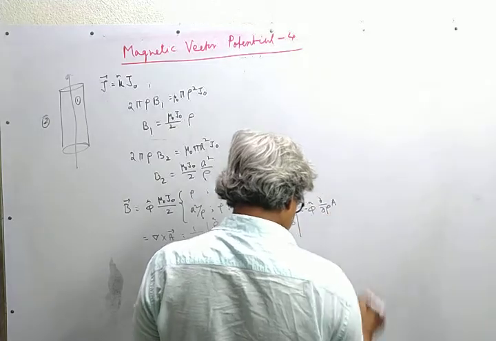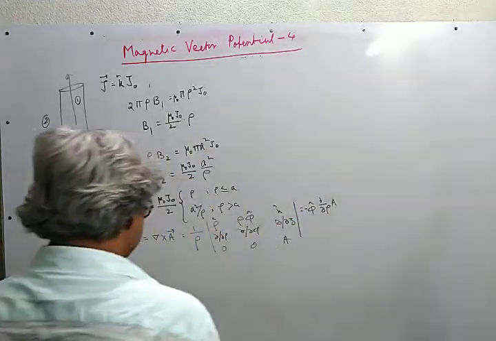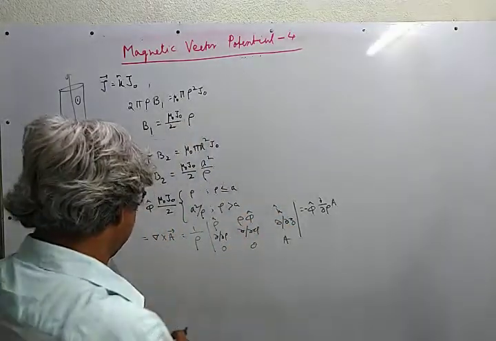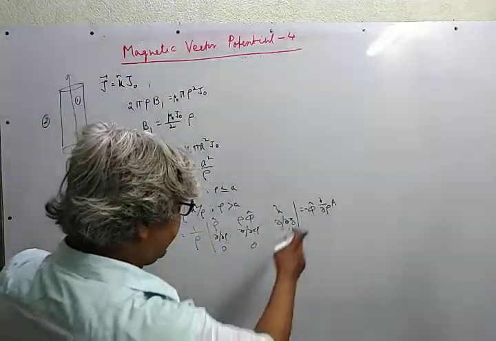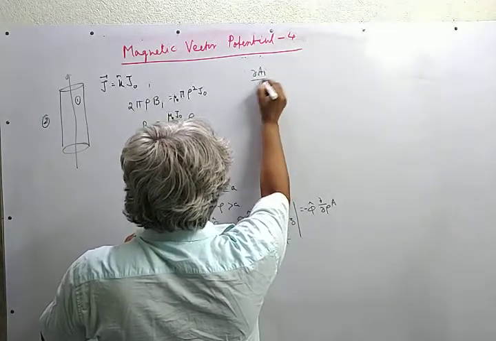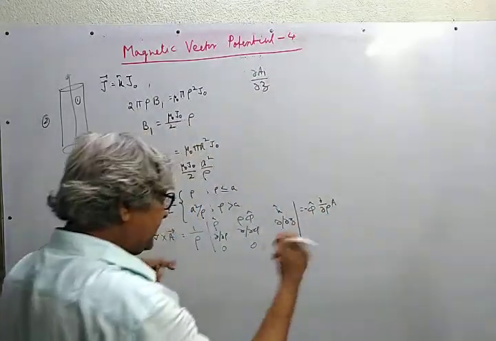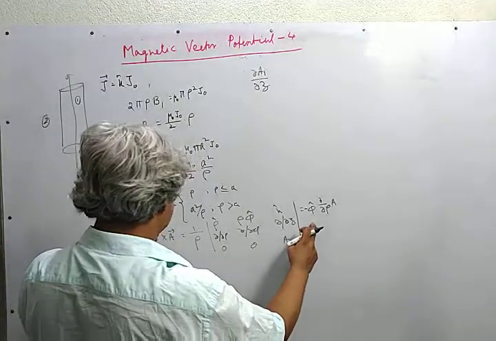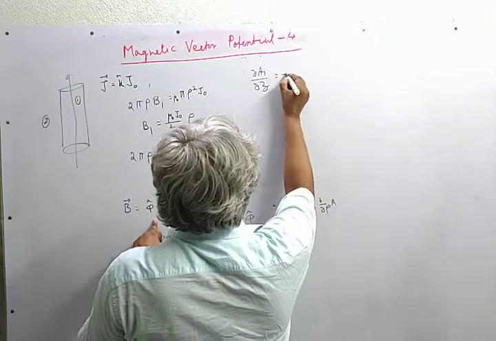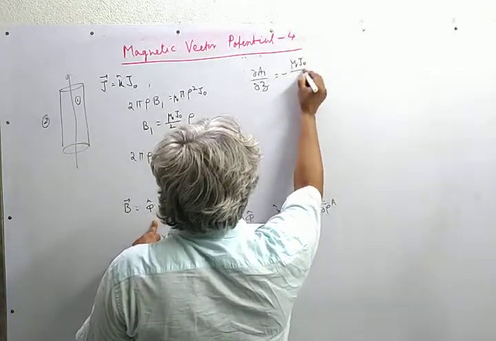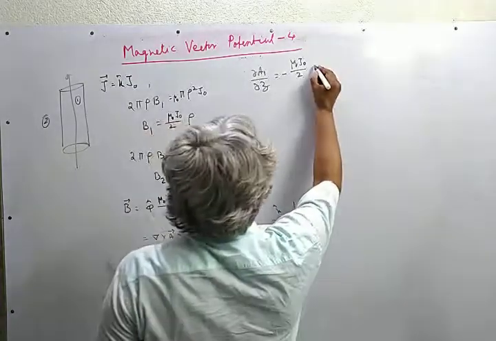In comparison with this B field, for the internal point, del A1 by del rho, with phi cap cancelling out, is equal to minus mu 0 J0 by 2 times rho.